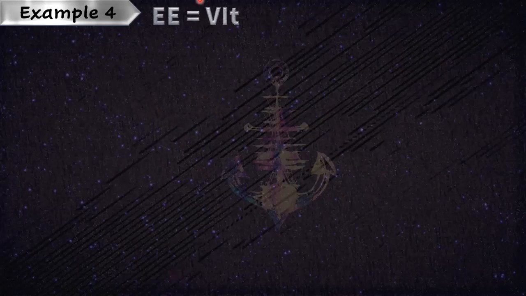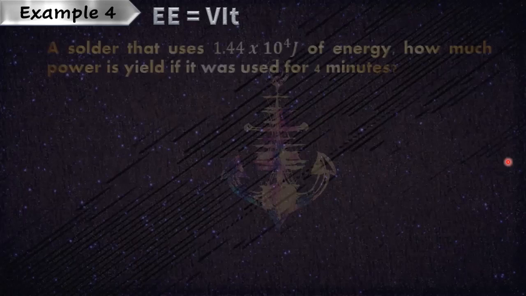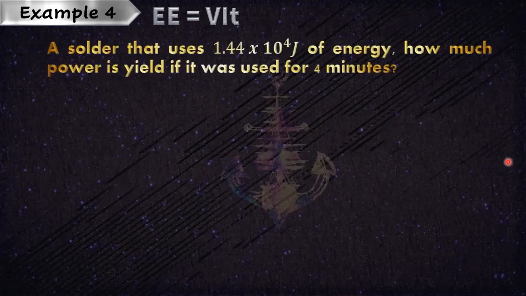Let's proceed to example number 4, the second example under electric energy. So we have here the formula E equals VIT. A solder that uses 1.44 times 10 raised to the power of 4 joules of energy, how much power is yielded if it was used for 4 minutes? We are asked to solve for the electric power. And let's derive our formula.